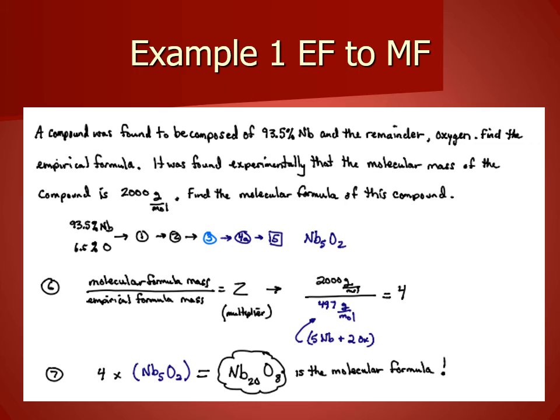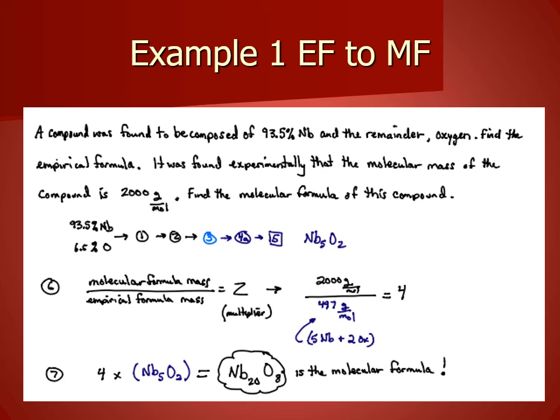Now, the second part of the information. It was found experimentally that the molecular mass of the compound is 2,000 grams for every mole. So that would also have been done experimentally. Find the molecular formula of this compound. Remember, this 2,000 grams is the big number, and that is somehow a multiple of this mass here.